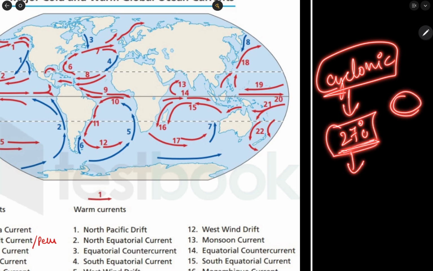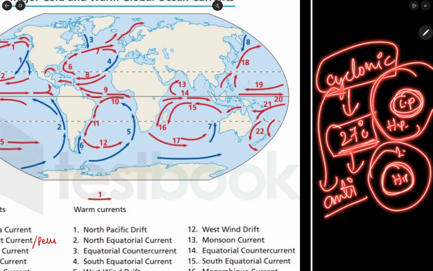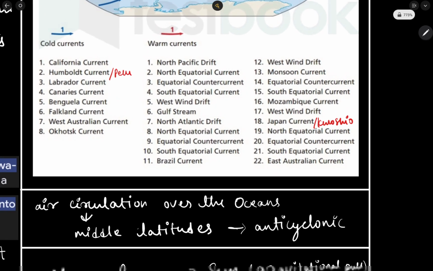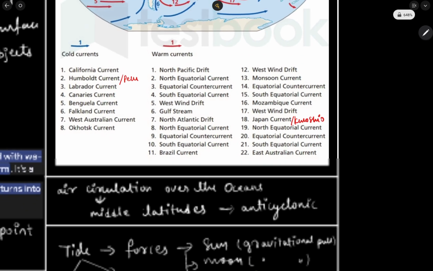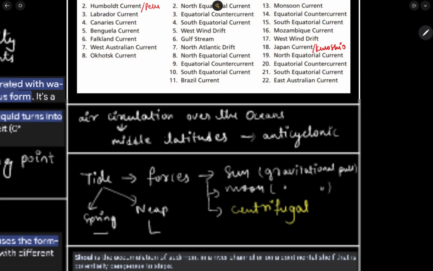That means the eye is a low pressure region and the outer surface is a high pressure region. But in the case of the anticyclonic condition, the center or the eye is a high pressure region, but the outer is a low pressure situation. So air circulation over the ocean at the mid latitude is an anticyclonic movement or condition.